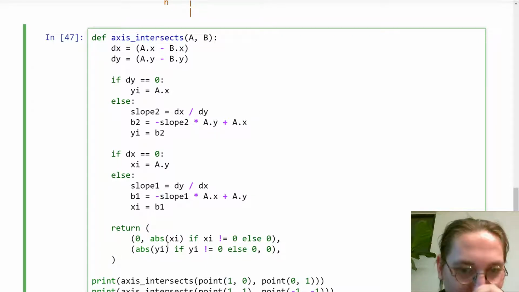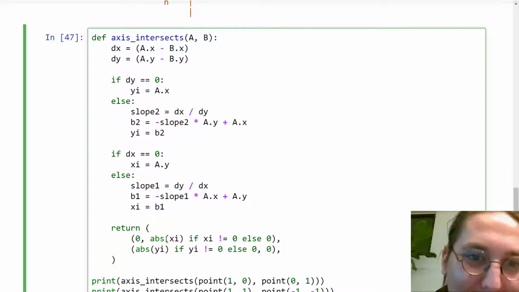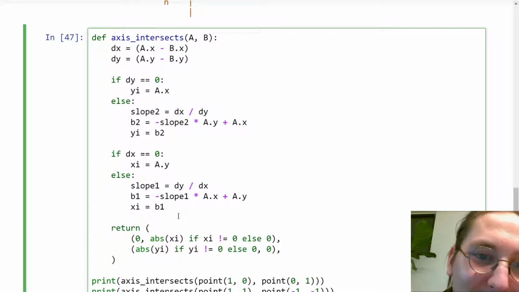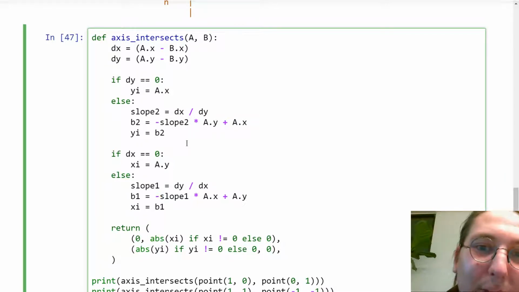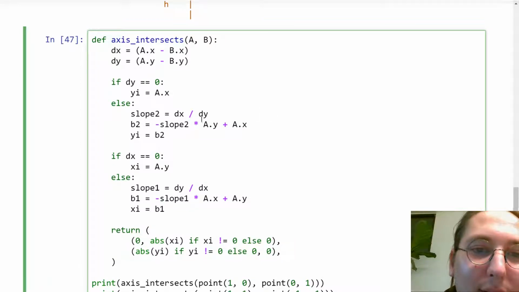No, I didn't think of it. Okay, so this means that in this case we only return 1, in this case we only return 1, and in the other case we return 2.